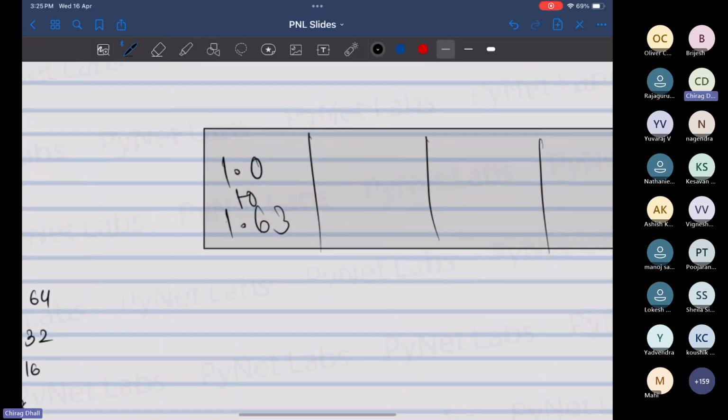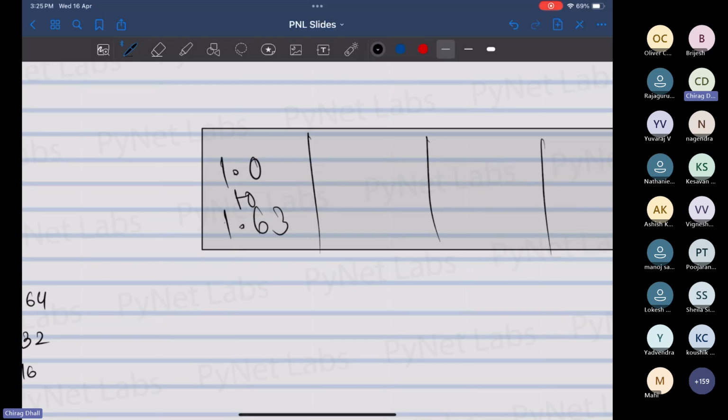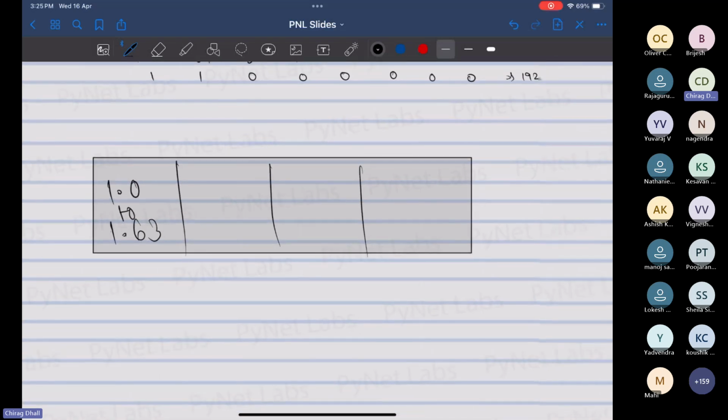So from 1.0 to 1.63 is my first part. Similarly, there are 3 more parts: 1.64 to 1.127, 1.128 to 1.191, 1.192 to 1.255.